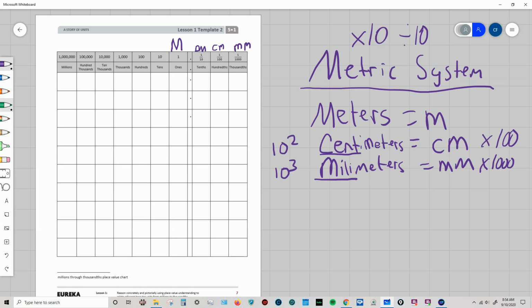So let's just do a quick example here of if we had to convert, let's just do a real simple one. 3 meters equals how many centimeters? Okay, so if we had 3 meters, we need to multiply it.